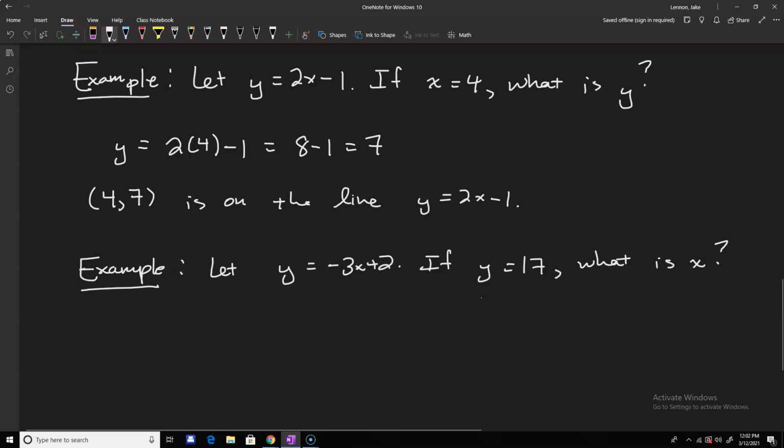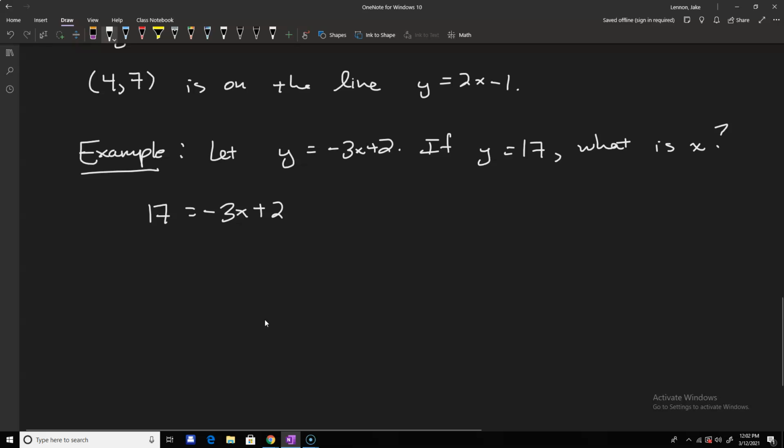So basically we go to the equation and we change y to 17 and then we have to solve for x. So this turns into one of our linear equations from last time. It's just a two-step equation where we want to subtract 2 and then divide by -3. So we have 15 equals minus 3x, divide by -3, and we have -5 is equal to x.